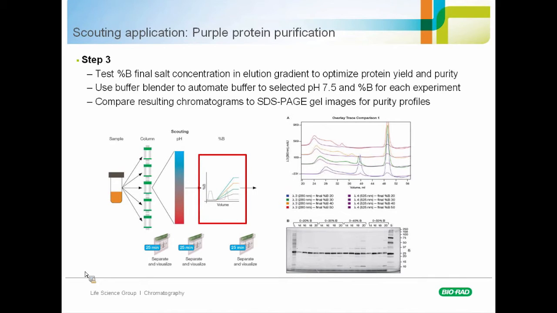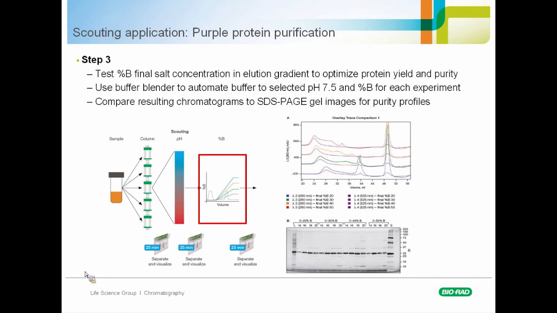The next step to be scouted is then the %B elution gradient. As you know, you want to try and elute as quickly as possible to give a nice sharp resolved peak, but without co-eluting the other contaminant proteins that are present.